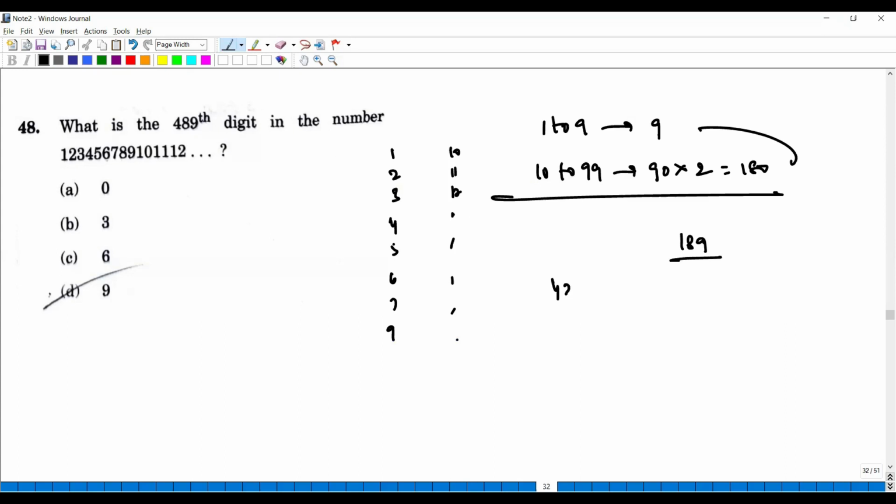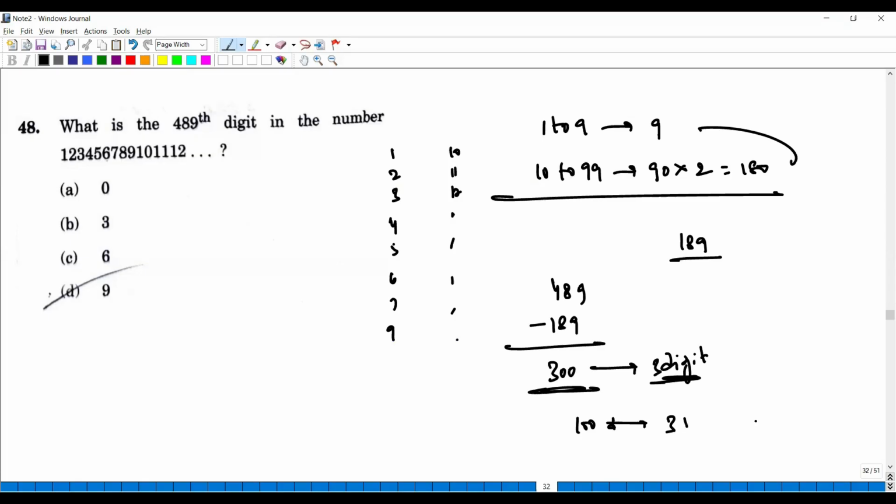Out of 489, if I take 189, there are 300 digits left. Each one is a 3-digit number. 300 digits means how many 3-digit numbers? 100 3-digit numbers. So you write 100 3-digit numbers starting from 100. To 99, you add 100 3-digit numbers.